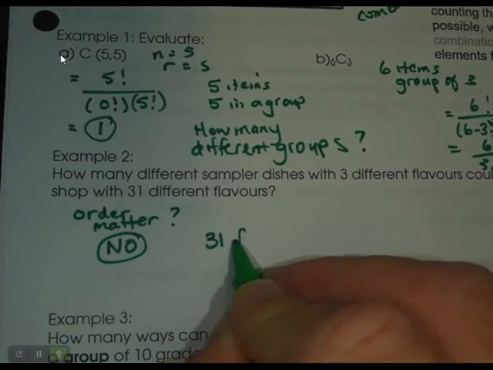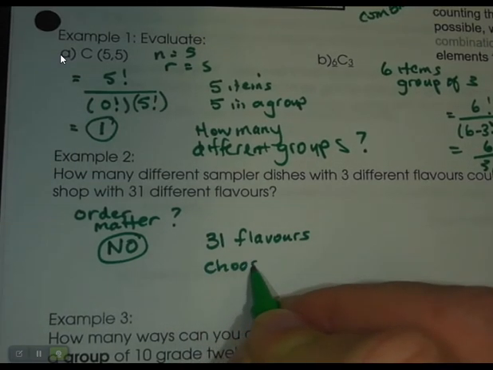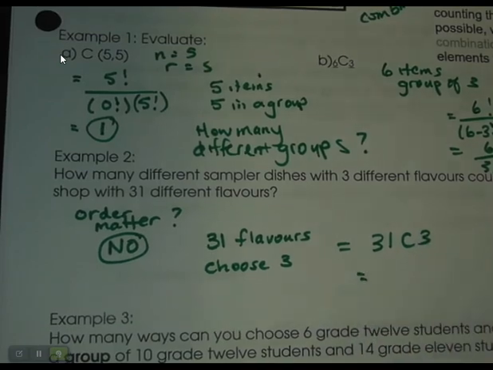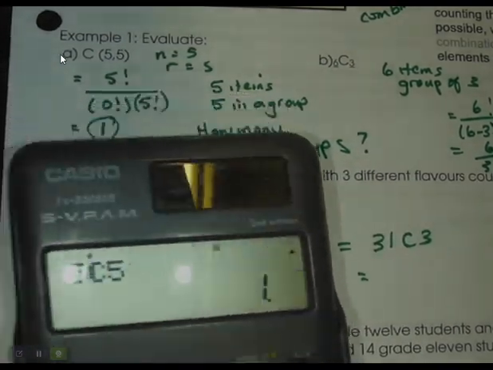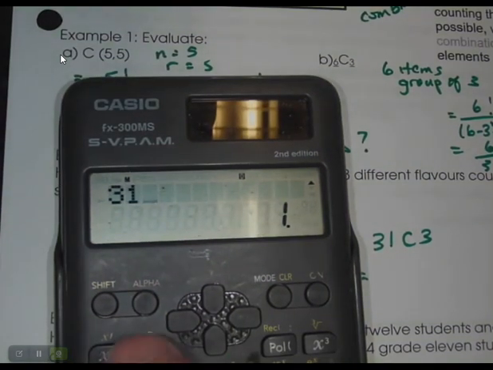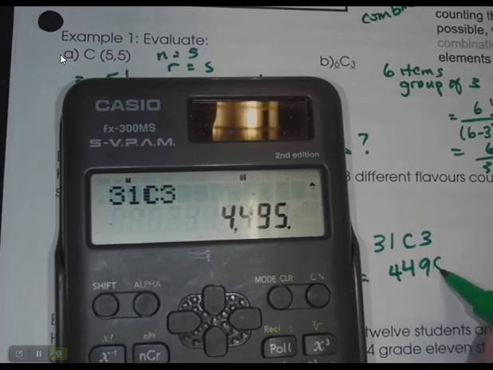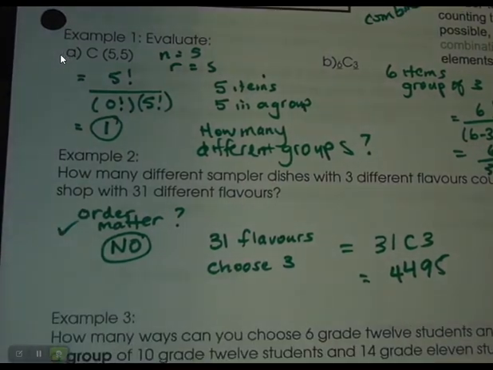I have 31 flavors, and I choose 3. So 31 choose 3, and that's it: 4495.